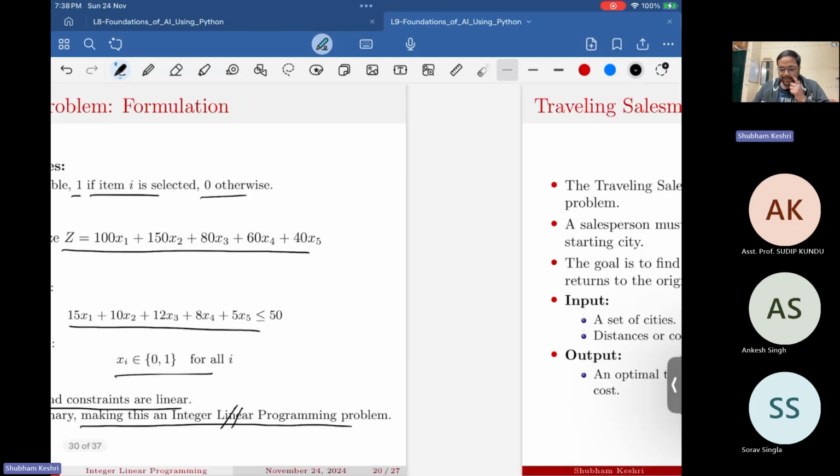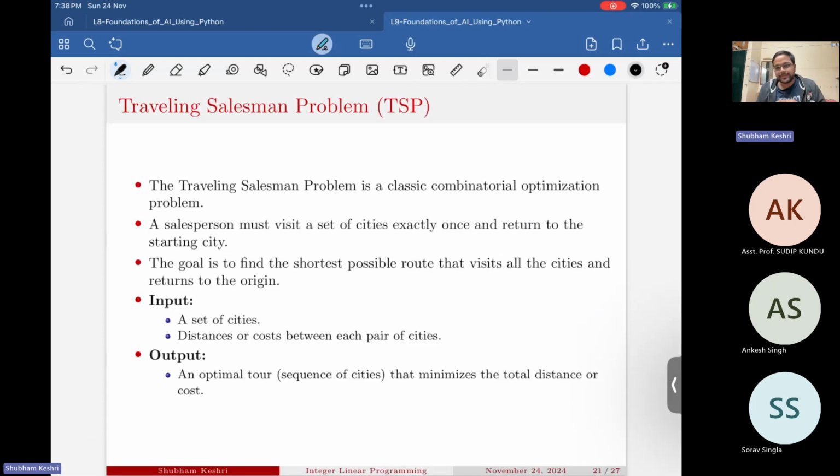Now we will see one more example, because we have talked about these problems a lot. Therefore, I have taken the same examples over here. Traveling salesman problem. A traveling salesman problem is a classic combinatorial optimization problem. Combinatorial optimization means that it is a combination of cities. The solution will be represented as a combination of cities, right?